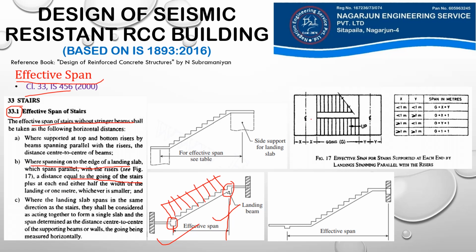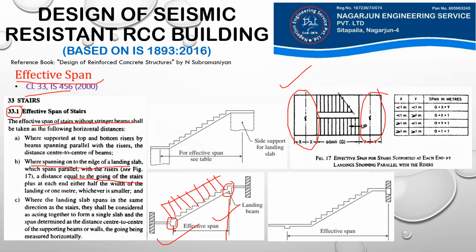That means, see this diagram here. When the stairs span longitudinally and are supported by landings at the top and bottom, which span in the transverse direction, that is perpendicular to the stairs.